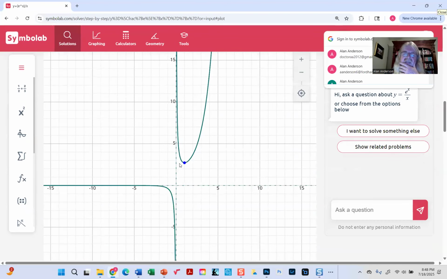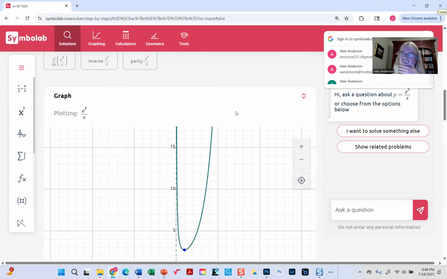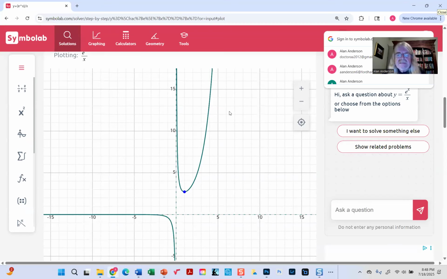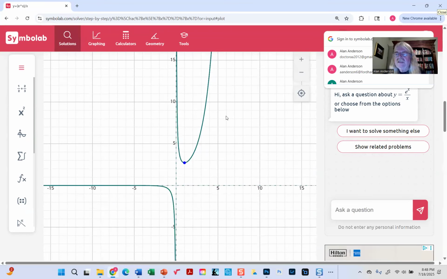Well, you can see, yes, as x increases, the function increases without bound, and therefore the limit is infinity. Yeah, another one of those bizarre cases, but that's what it looks like.